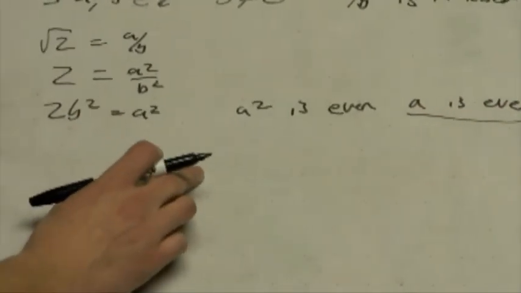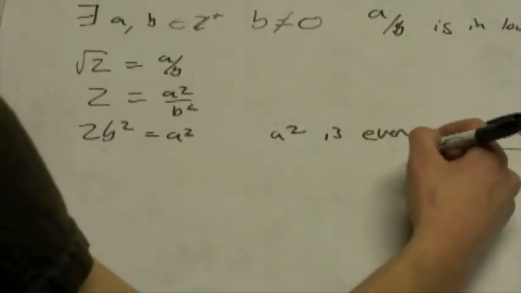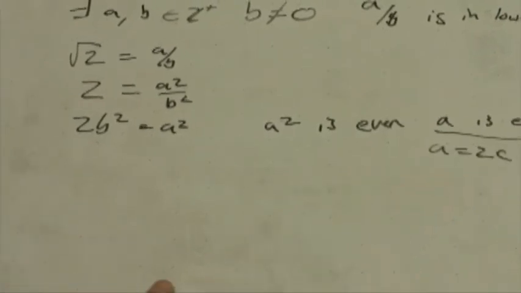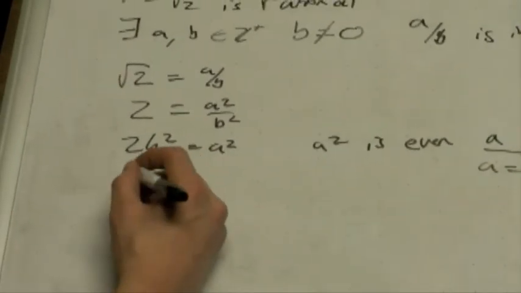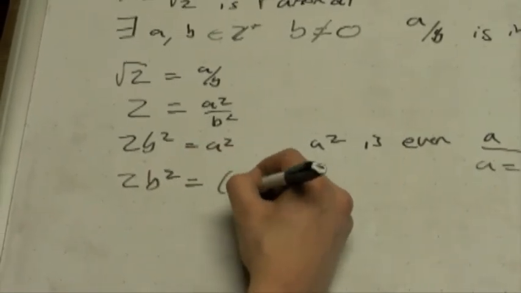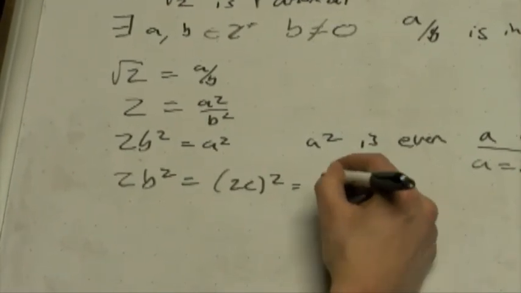Now, since a is even, it is equivalent to 2c, where c is any integer, because any integer multiplied by 2 will be an even number. So this original statement can be rewritten as 2b squared is equivalent to 2c squared, or 4c squared.